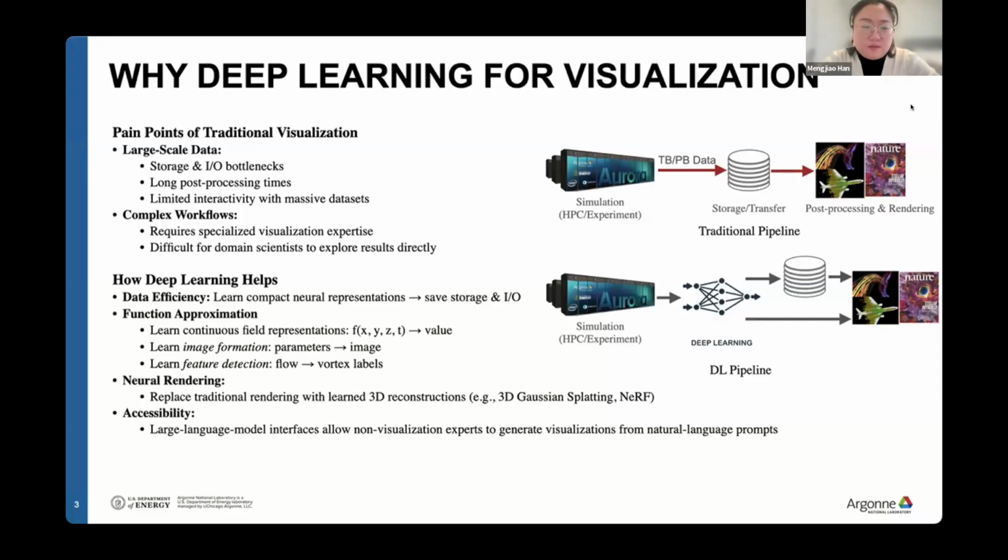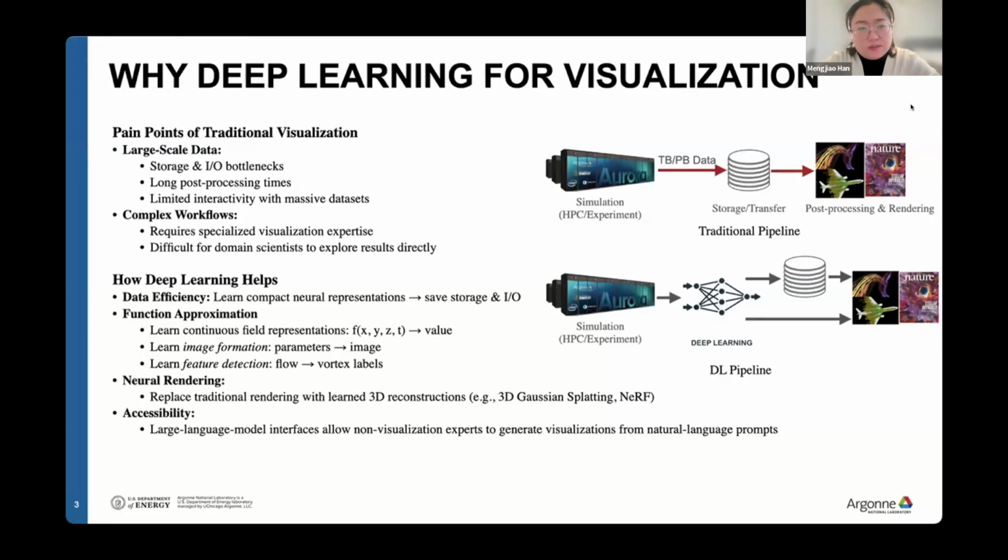It can also approximate continuous fields or predict derived quantities such as vorticity or pressure. It can replace extensive rendering steps, for example, very popular techniques like 3D Gaussian Splatting or NeRF.